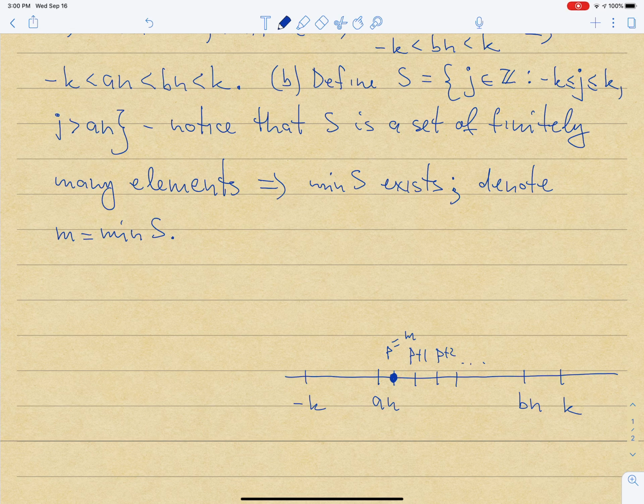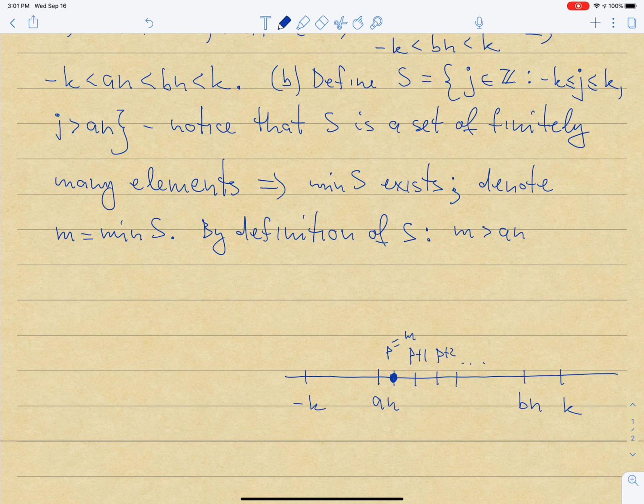So then, by definition of S, what I have is this, that S is a set of all integers between minus k and k that are bigger than an. So if it is a set of all integers bigger than an, then its minimum is still an integer bigger than an. So M must be bigger than an. And remember what I need from M. I need two things.